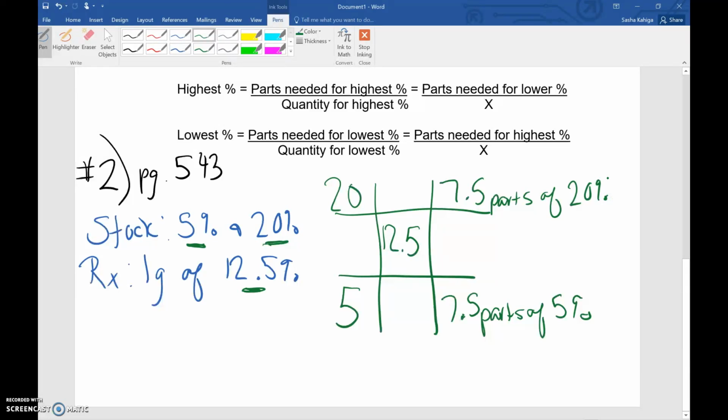So my next step before I do anything else, I ask myself, does the given quantity, that 1 gram, go to the highest percentage, which is 20%? Does it go to the lowest percentage, which is 5%? Or does it go to the desired percentage, which is 12.5? Well, it goes to the desired, which is 12.5.